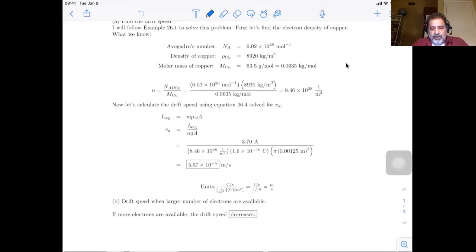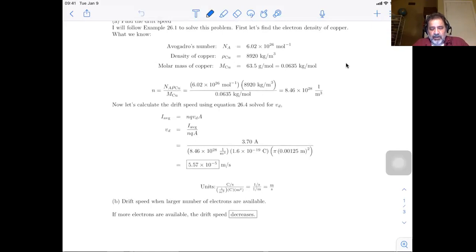So we put the numbers in. 3.7 amps is what we're given. 8.46 times 10 to the 28 electrons per cubic meter, that's what we calculated above, times the charge, 1.6 times 10 to the minus 19 coulombs, times the area, which is pi r squared. So it's pi times 0.00125 meters squared. And you end up with 5.57 times 10 to the minus 5 meters per second.